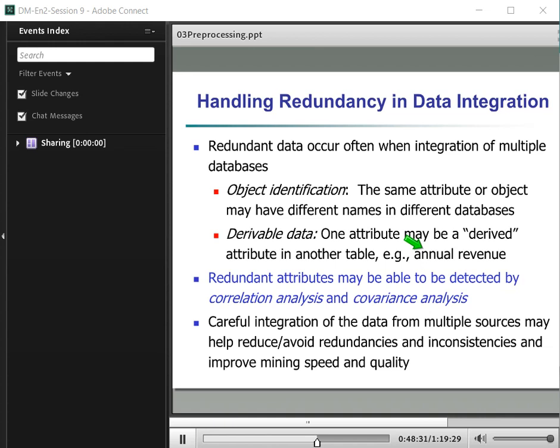So the redundancy can affect the results, especially in derivable data. Maybe, for example, in the first branch they record my name as Hossein, and in the second branch they record my name as Hassan, just by mistake.